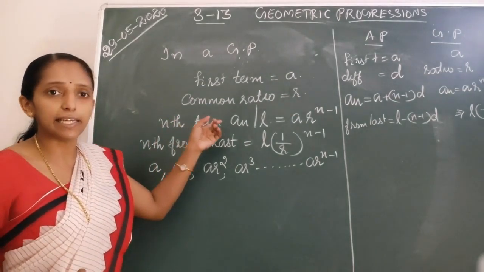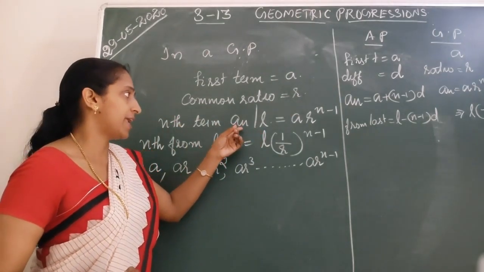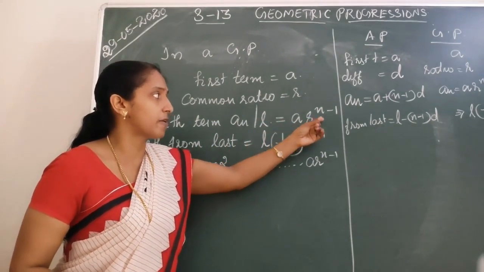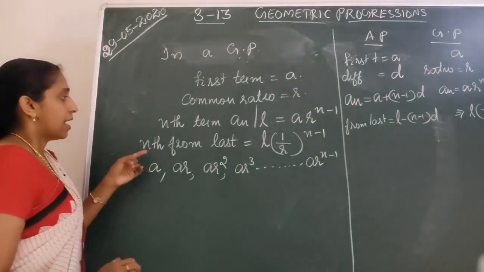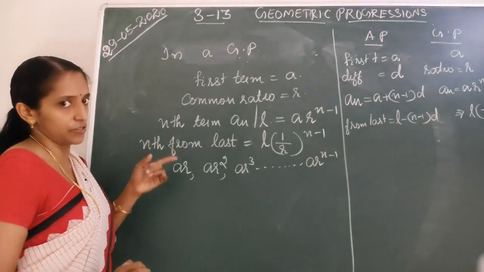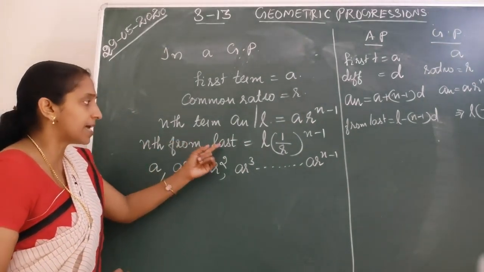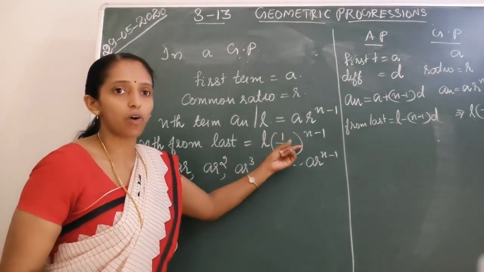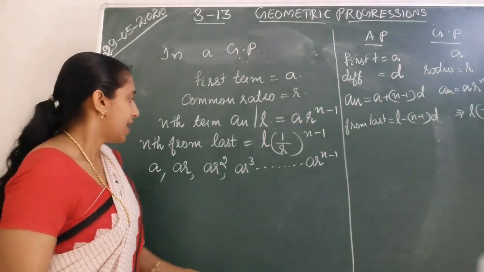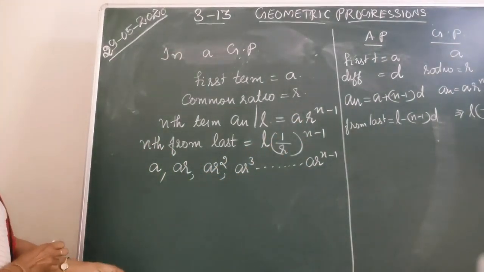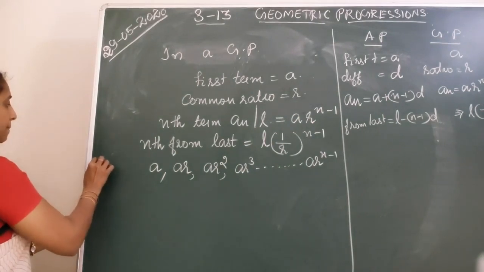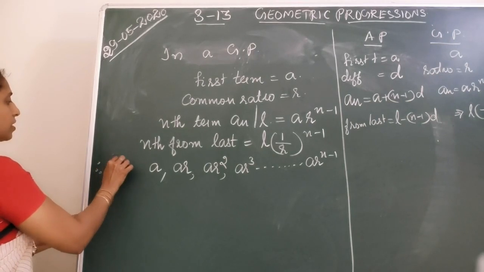Then the nth term of a GP, AN, is denoted as A into R to the power n minus 1, and the nth term from the last will be denoted as L into 1 by R to the power n minus 1. Okay? So note down this.